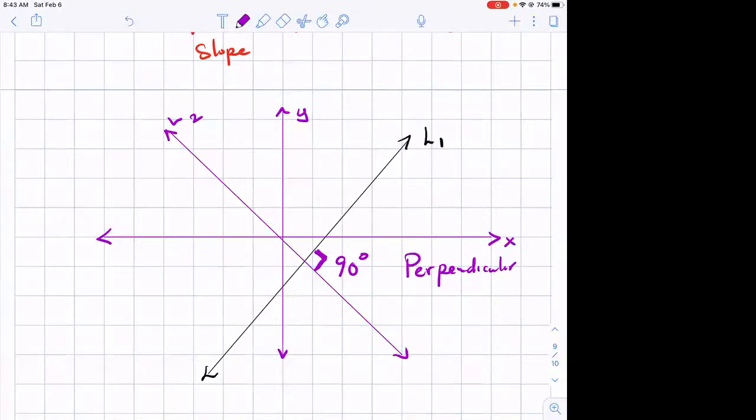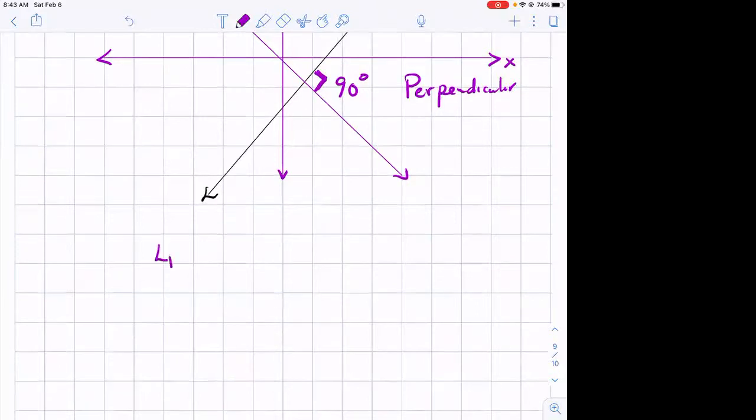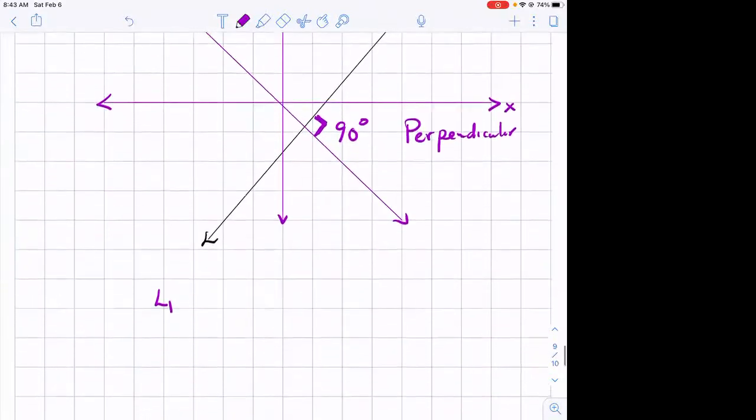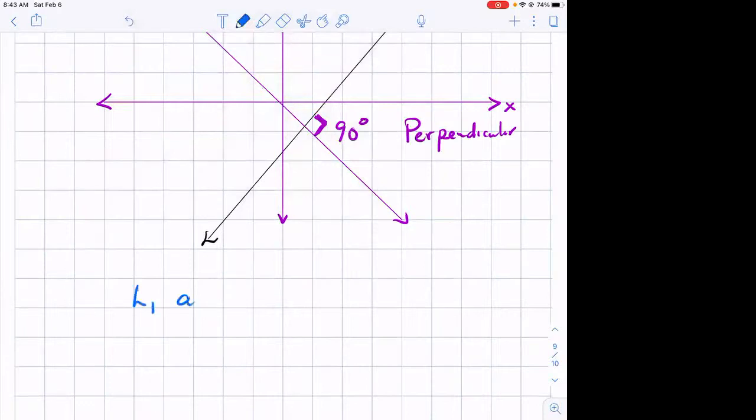And when the lines are perpendicular, here we will say that L1 and L2 are perpendicular.